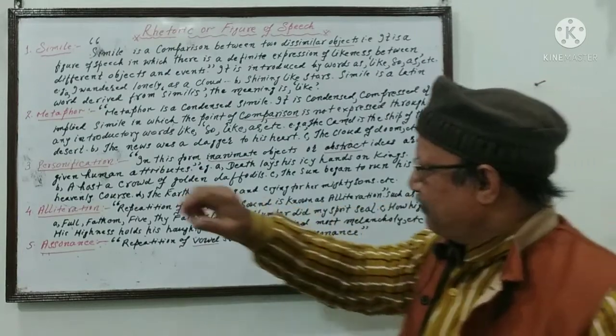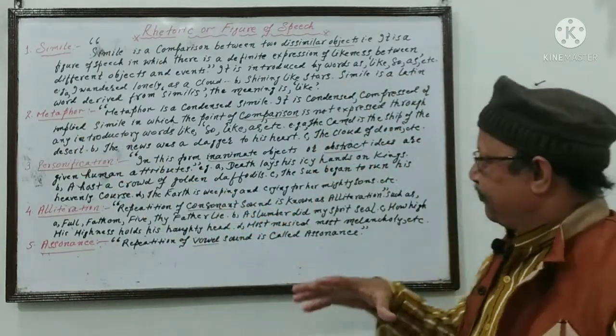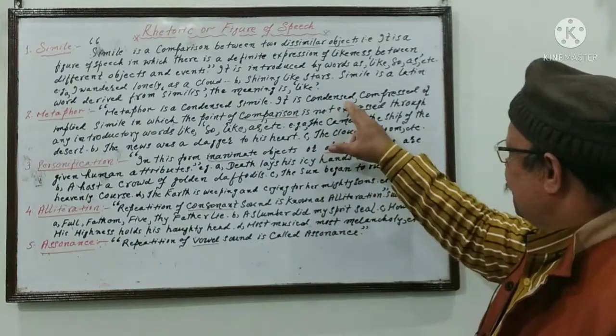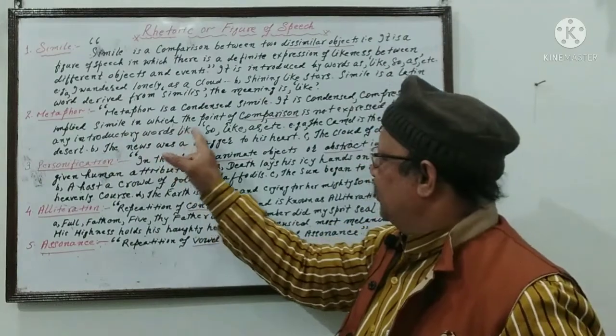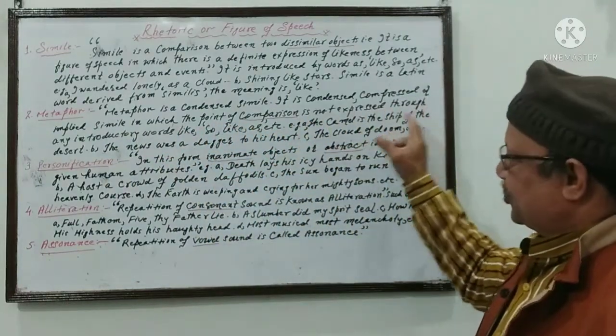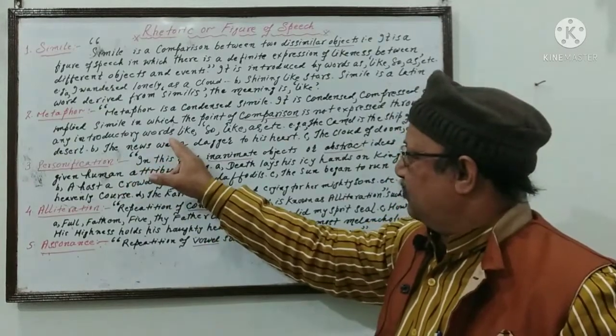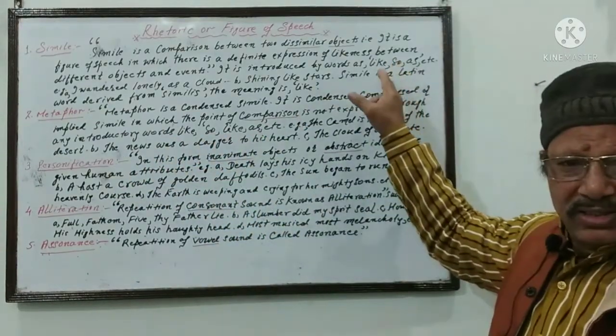Now, what is metaphor? Metaphor is a condensed simile. It is a condensed, compressed, or implied simile in which the point of comparison is not expressed through any introductory words like, so, as, as there are in the simile.